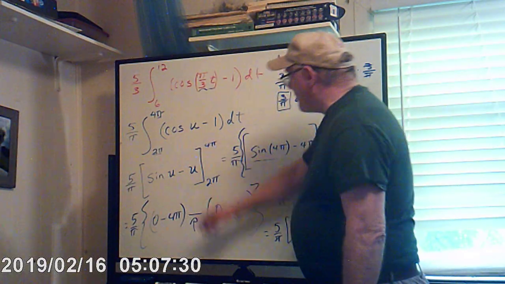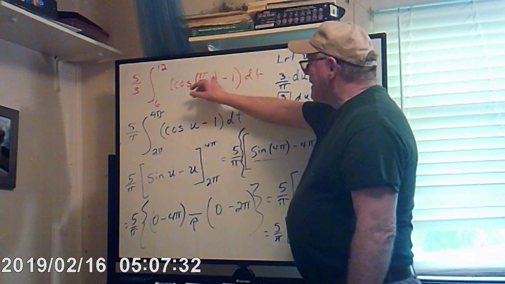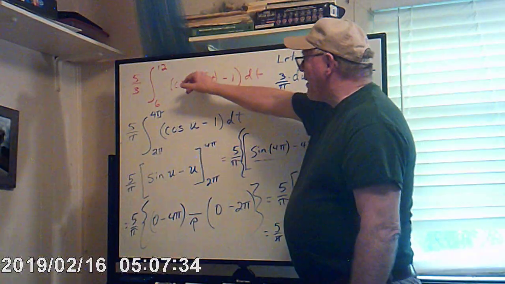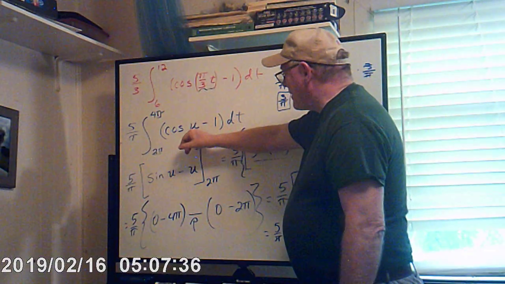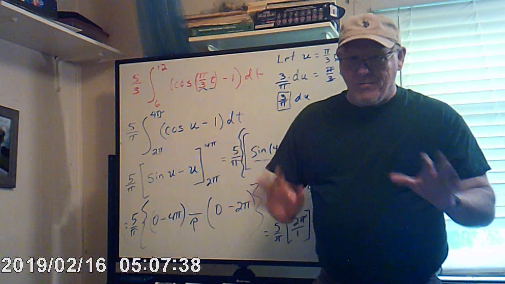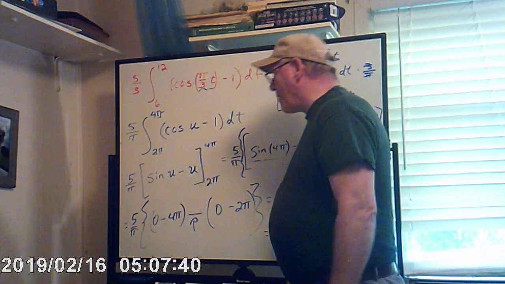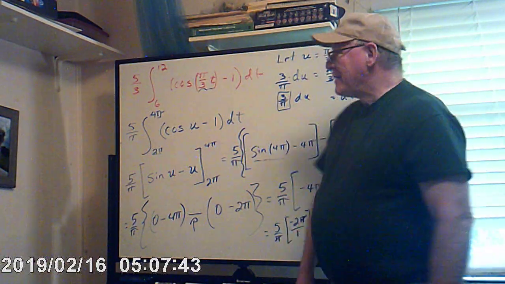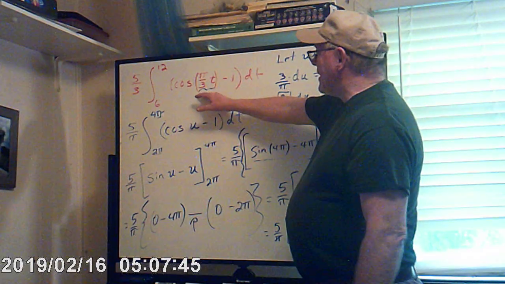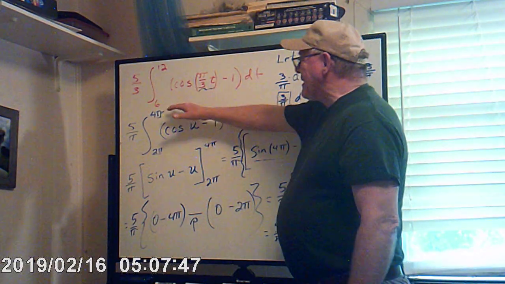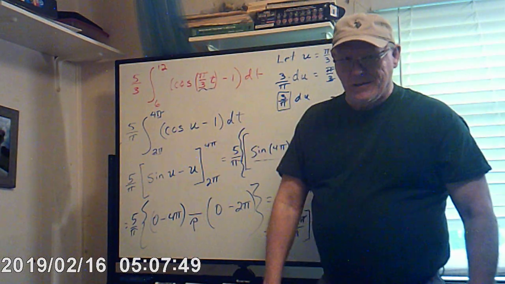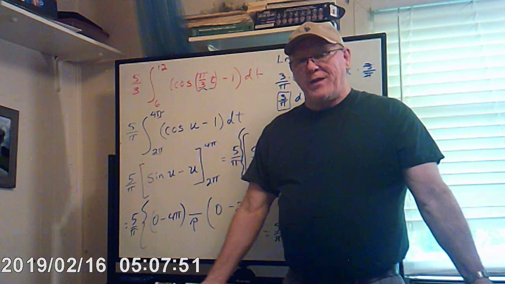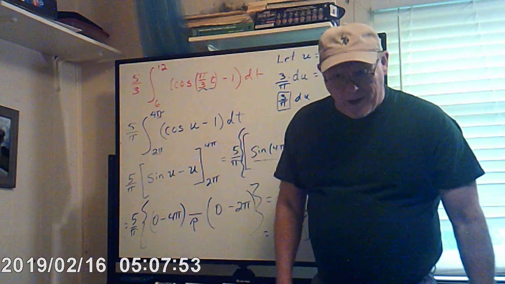Alright, but the idea is I'm not dealing with pi over 3t, I still have u. If I had more time, which I may go ahead and do this one again, and just integrate it without changing the 6 and the 12. And if that will help you understand it better, so be it.